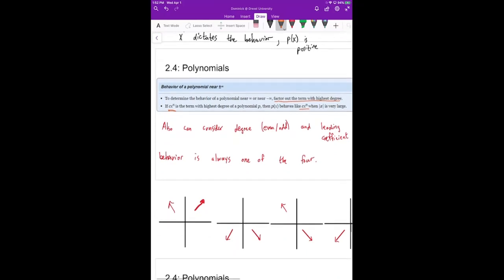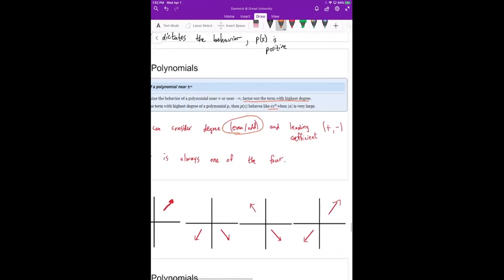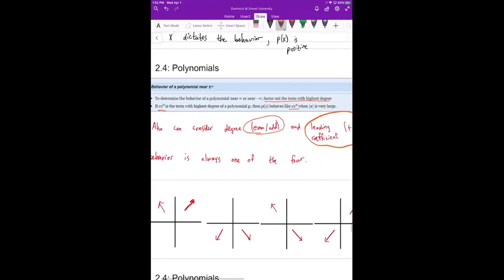So you can take this a step further, and look at whether the degree is even or odd, and whether the leading coefficient is positive or negative, and come up with a simple example of each of those cases, right? So you could, for example, look at y equals x, y equals negative x, y equals x squared, or y equals negative x squared. And whatever happens to those simple functions has to also happen for your complicated function.